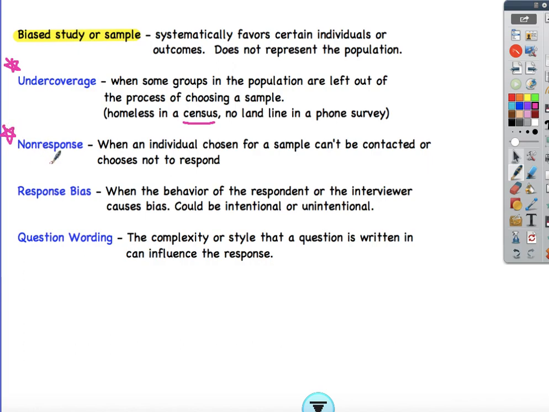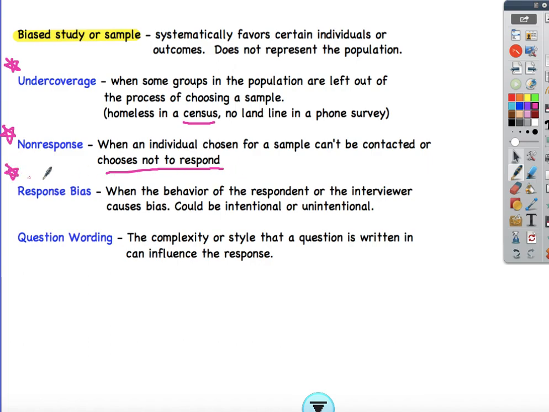Non-response is when someone is chosen to be in the sample, like maybe you randomly select households in your neighborhood. So that house is chosen, but for whatever reason, the people choose not to respond. That would be non-response.